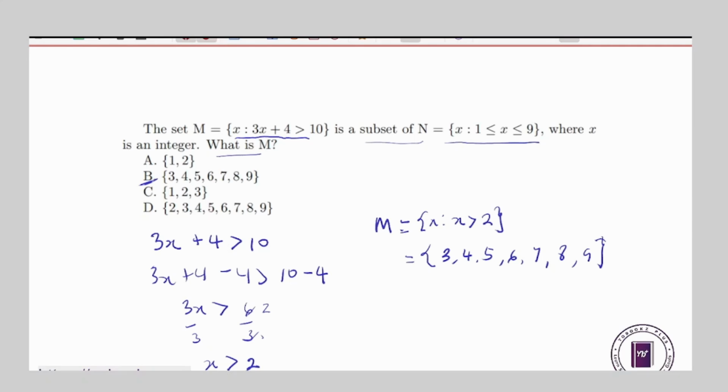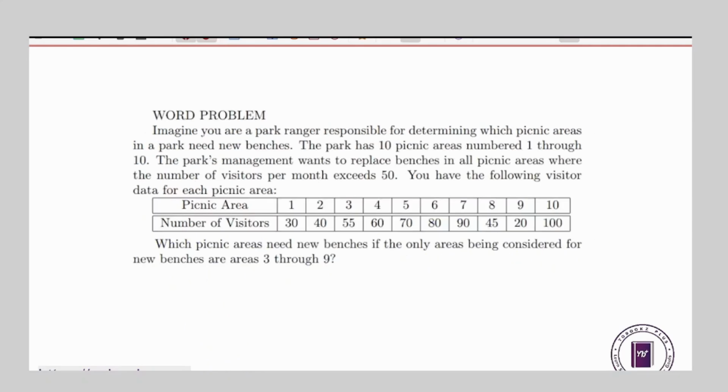Now let's look at the word problem. We are told to imagine that you are a park ranger responsible for determining which picnic areas in a park need new benches. The park has 10 picnic areas numbered 1 through 9, and the park management wants to replace benches in all picnic areas where the number of visitors per month exceeds 50.